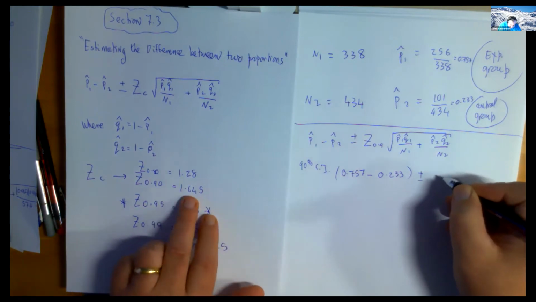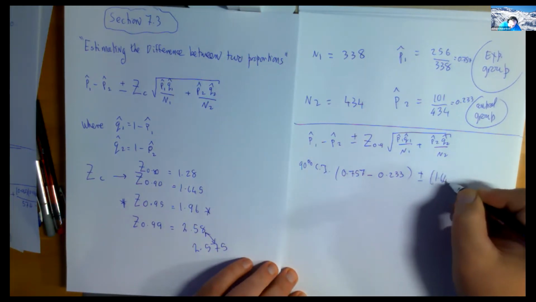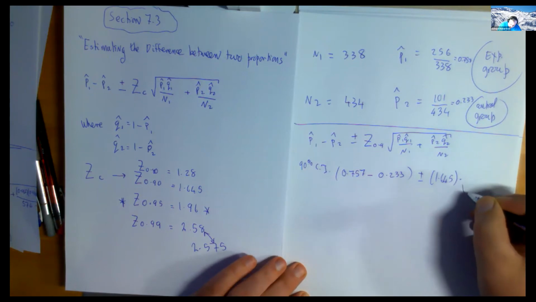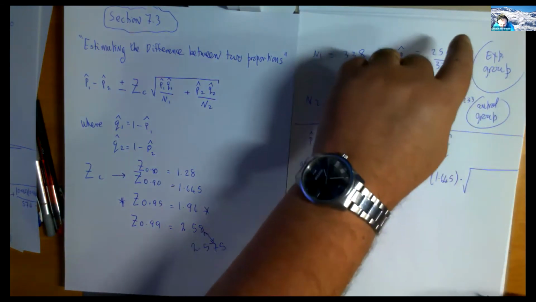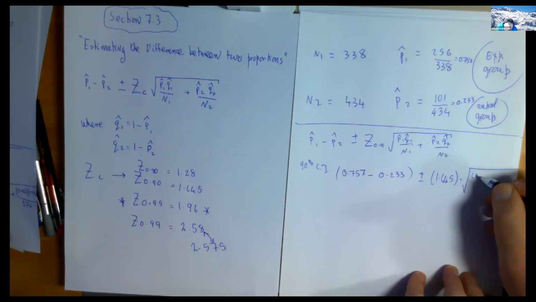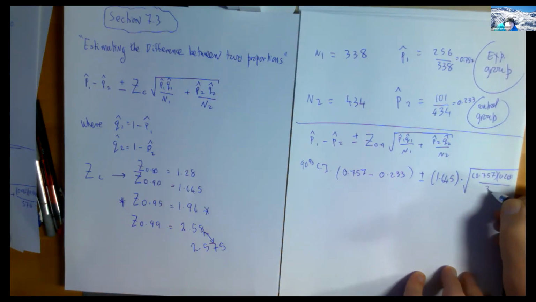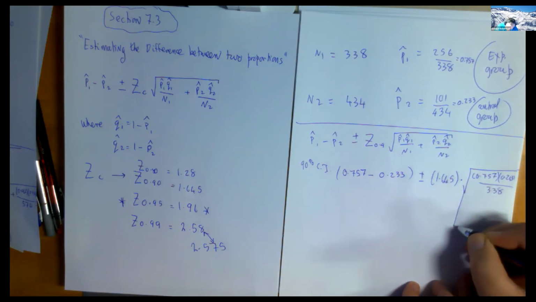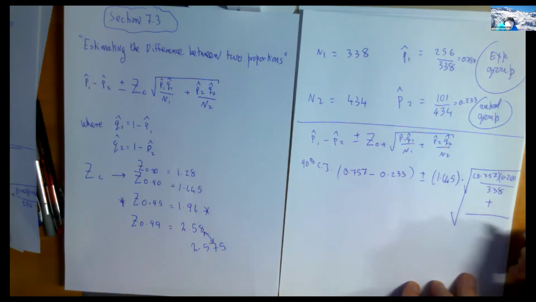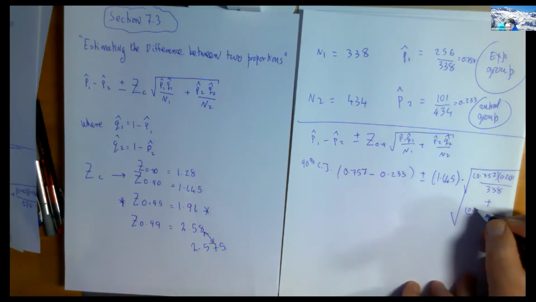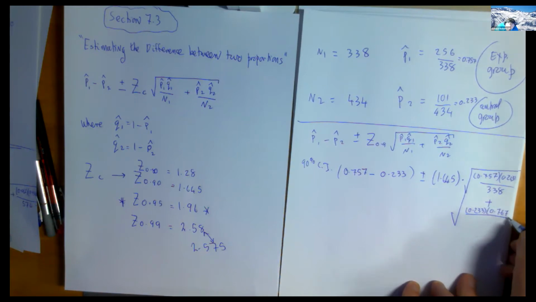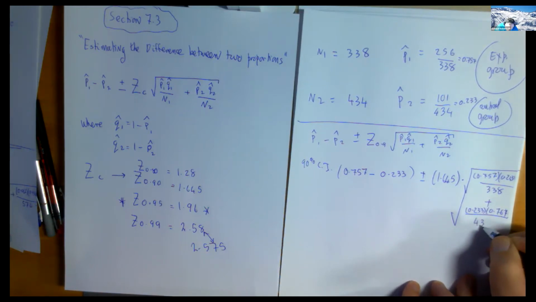Give or take 1.645 times the square root of 0.757 times 0.243 all over 338, plus, because I never left enough room, 0.233 times 0.767 all divided by 434.